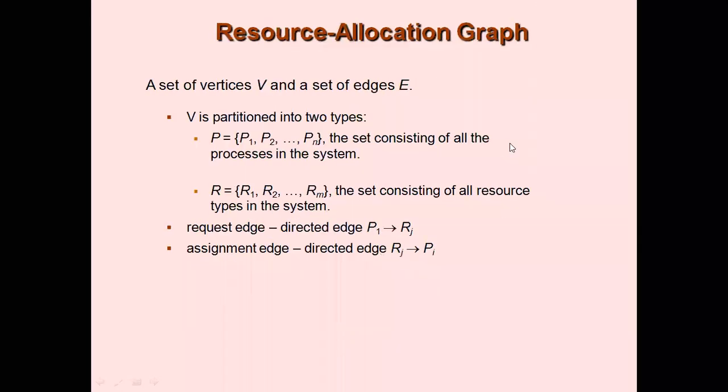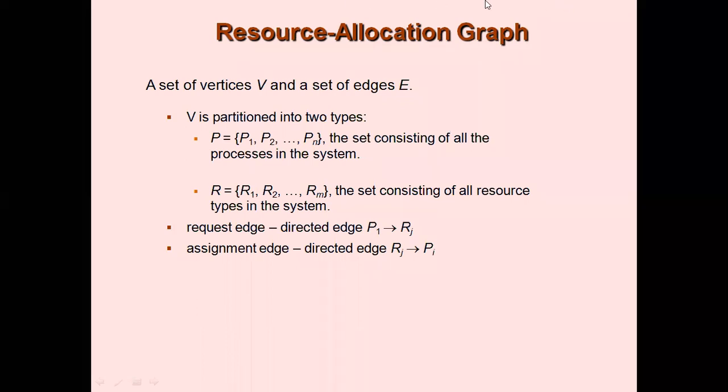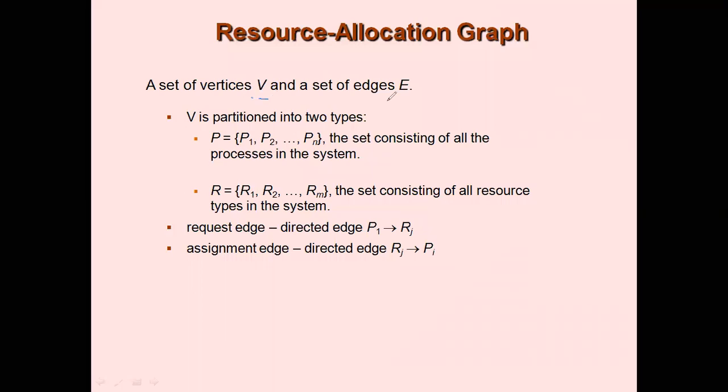Moving on to the next topic, which is the resource allocation graph. If you want to depict a deadlock in a schematic way, then we can use a resource allocation graph. It is very simple. A graph basically has a set of vertices and a set of edges. Here our set of vertices is processes and resources.